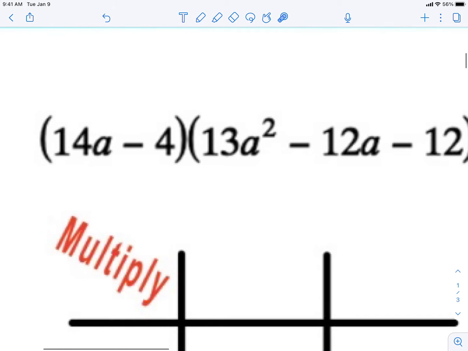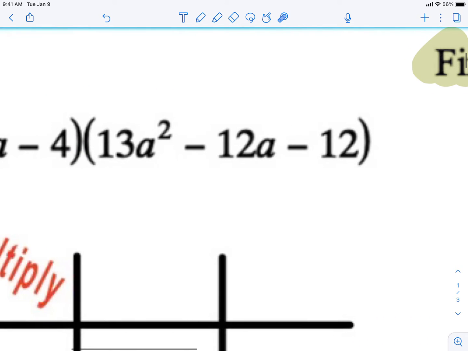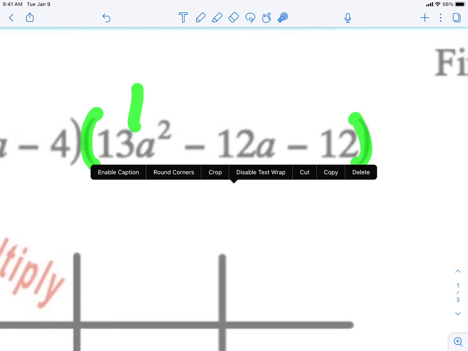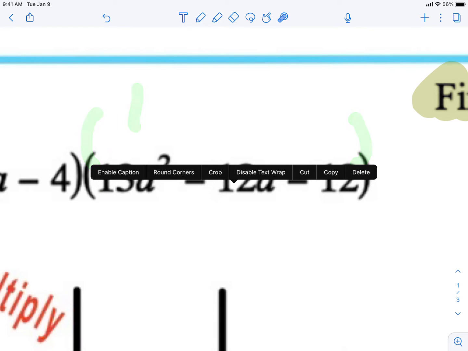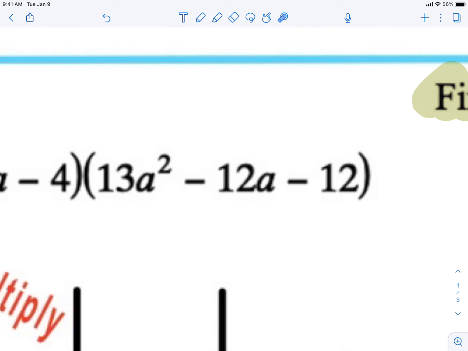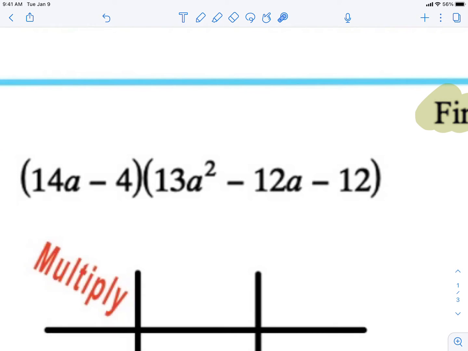So this is a binomial because it's got two terms, times a trinomial, because it's got, sorry everybody, 1, 2, 3 terms. So a binomial times a trinomial.